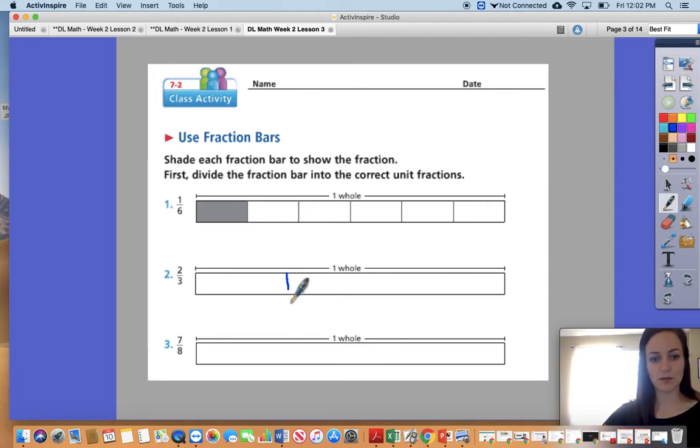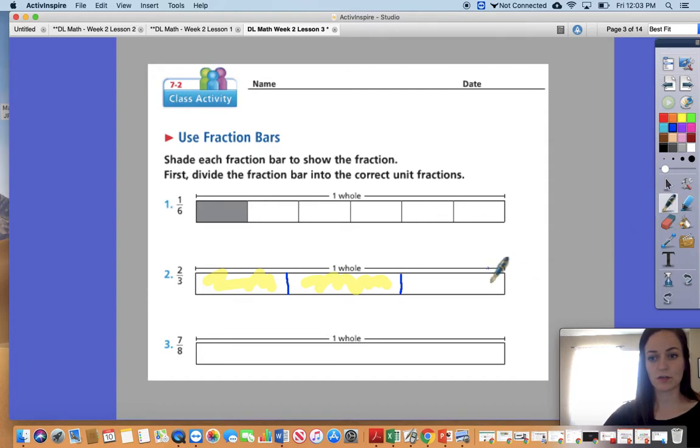I'm not going to be exact, but remember, we're pretending that they're pretty close, okay? So I broke it up into 1, 2, 3 equal parts. So this is broken into thirds. Then it wants 2/3, so it wants 2 out of the 3 pieces, okay? So I'm going to shade in 1, 2. That shows 2 out of the 3 pieces, or 2/3, okay?